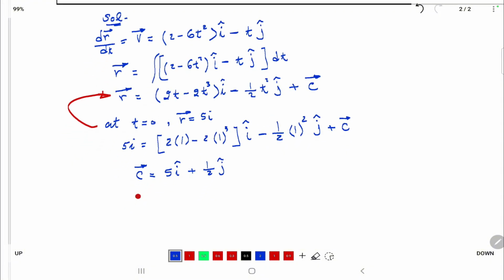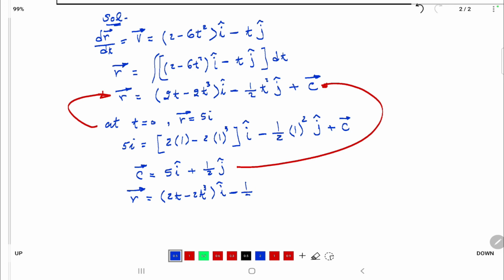Okay, so now r equals, substituting the value of c, (2t minus 2t cubed) i minus half t squared j plus 5i plus half j.